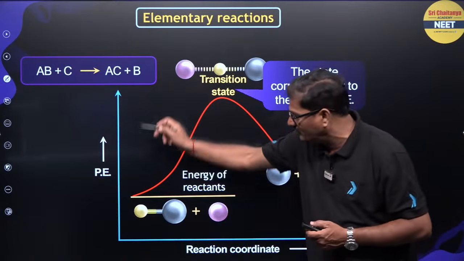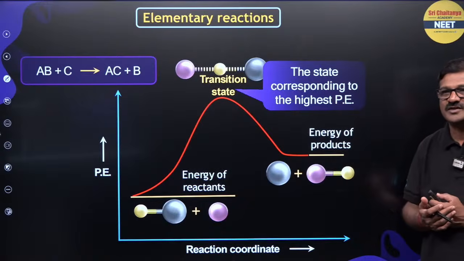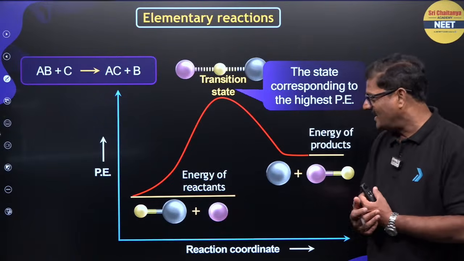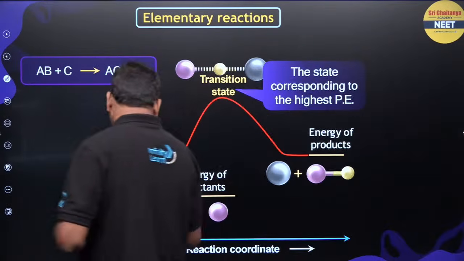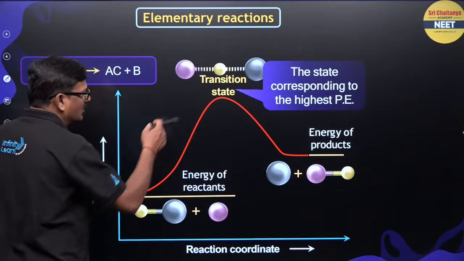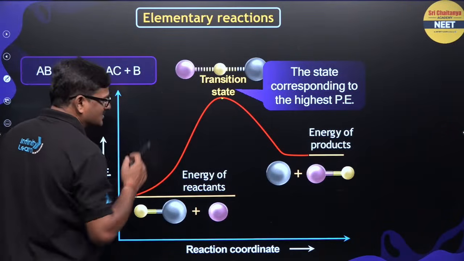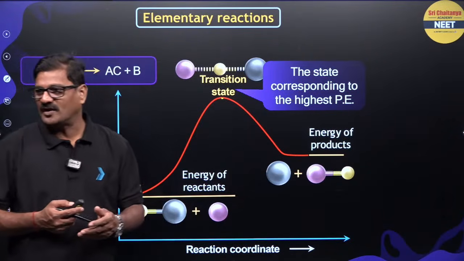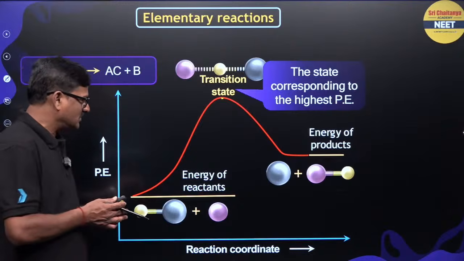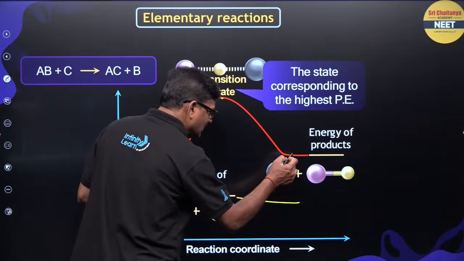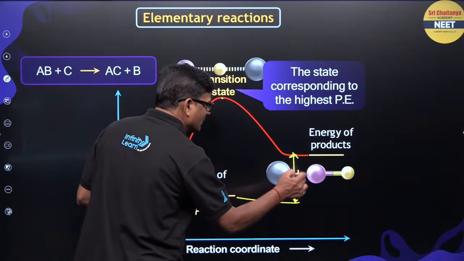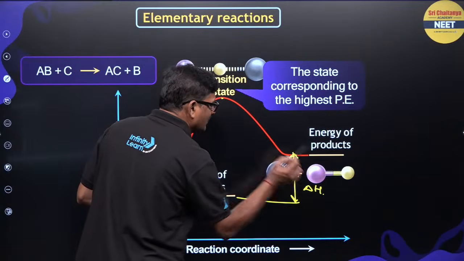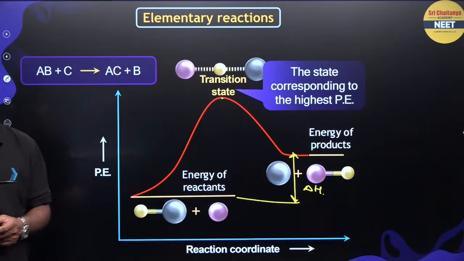When you draw a graph between potential energy and the reaction coordinate, my dear doctors, the reactant's energy will be the lowest. When they make a collision, they are going to reach the highest state, and this is the energy of the products. This difference in the energy is called enthalpy of reaction.